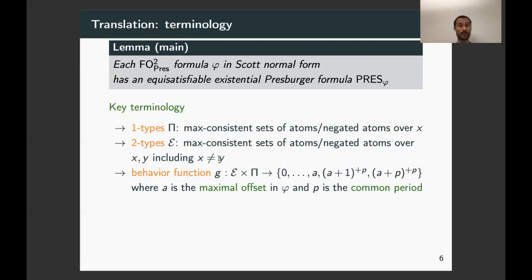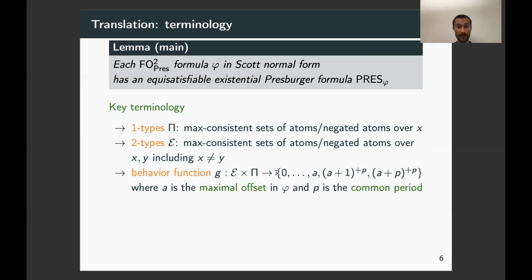The next notion, the so-called behavior function, is specific to this work. It is a function from 2-types and 1-types to a set of linear sets. Don't bother much about this particular linear set.